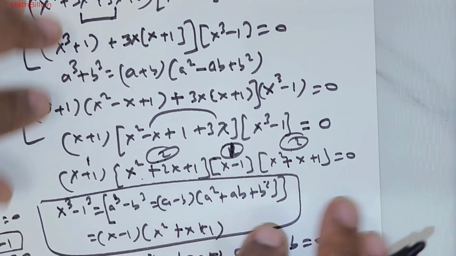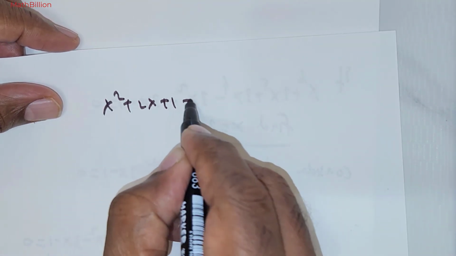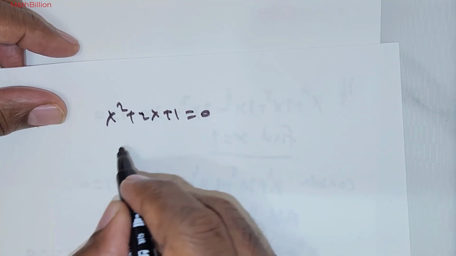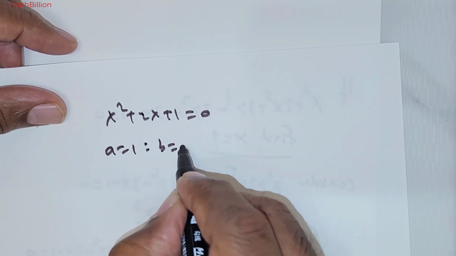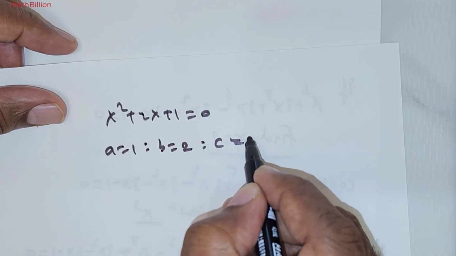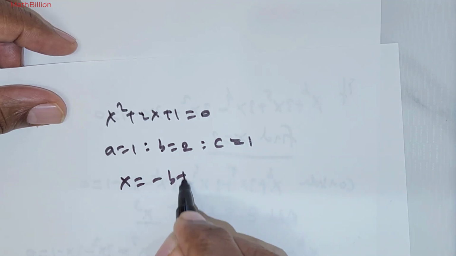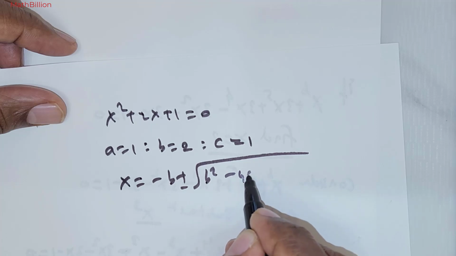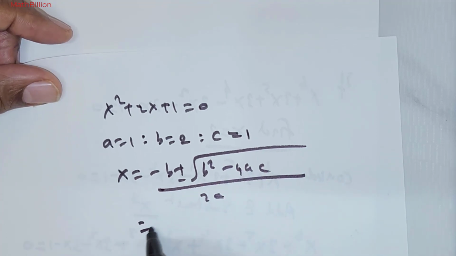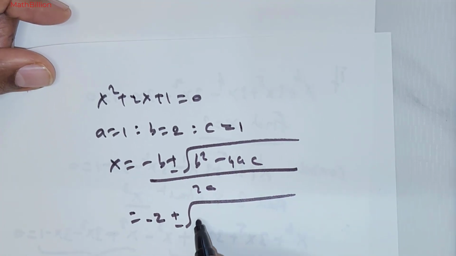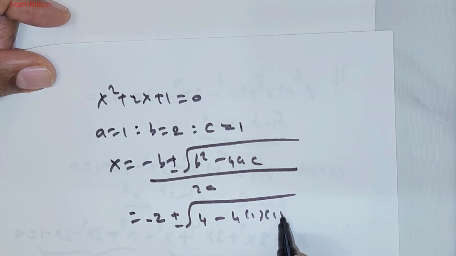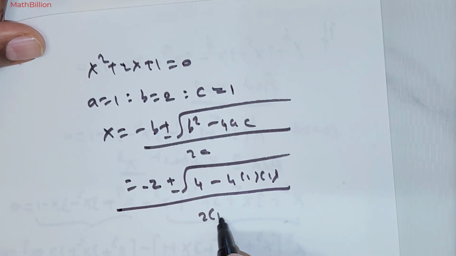So now we need to take x^2 + 2x + 1 = 0. x^2 + 2x + 1 = 0. So this means a = 1, b = 2 and c = 1. So x = (-b ± √(b^2 - 4ac)) / 2a. So (-2 ± √(4 - 1 × 1)) / (2 × 1).